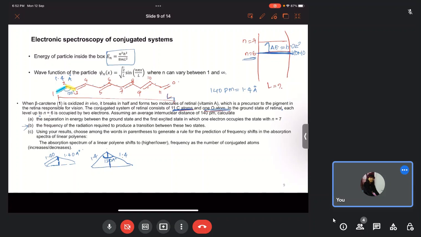When you split it in half, it is going to be 60, and this is a 90 degree angle, and this is 30 degrees.